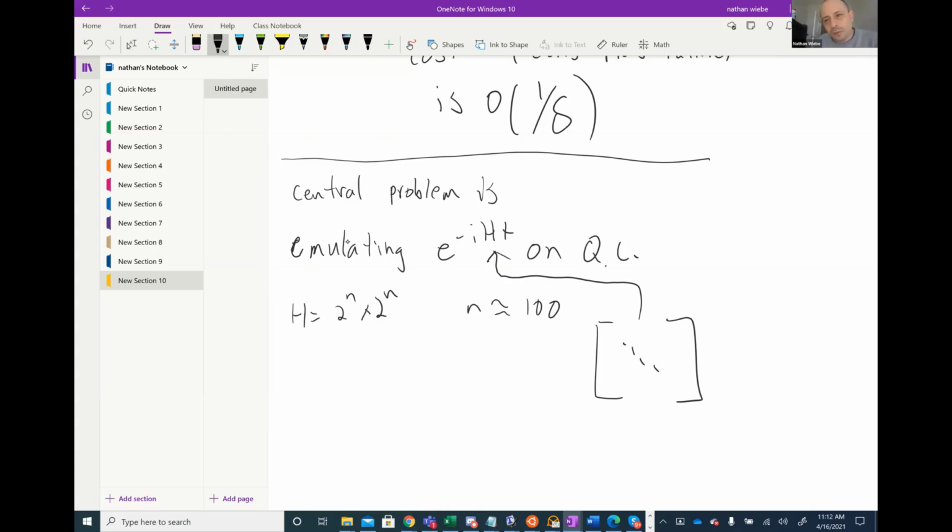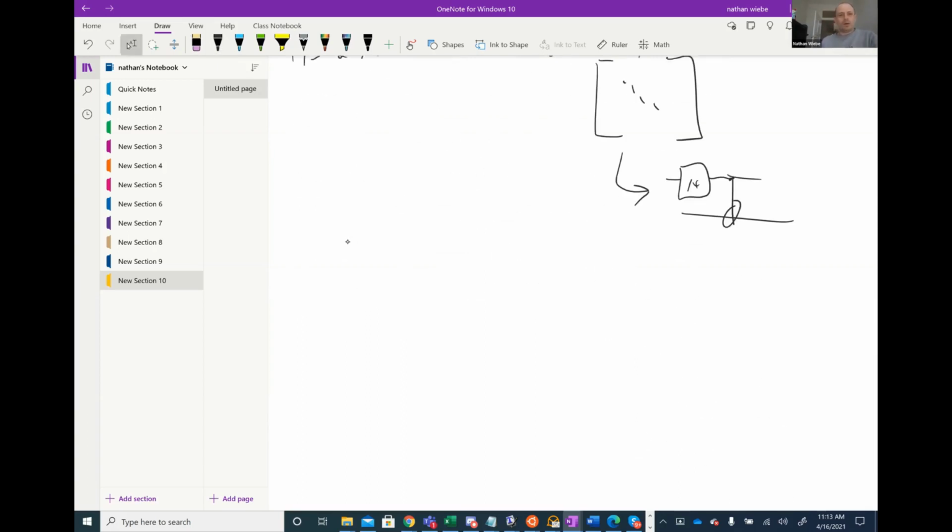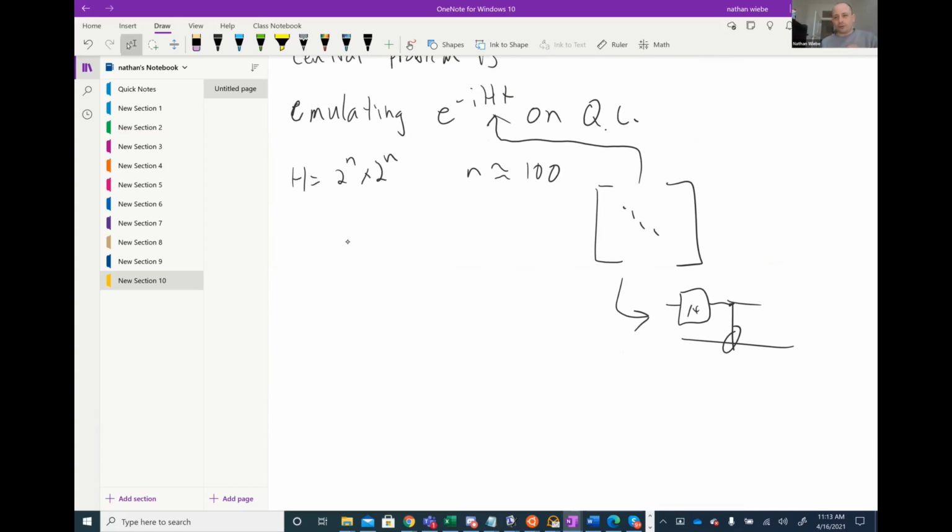And so this is what we need Hamiltonian simulation methods for: to find efficient ways of implicitly compiling this into a sequence of Hadamards and CNOTs and whatever, without actually knowing what the unitary is that we're trying to emulate. So that's the central problem.